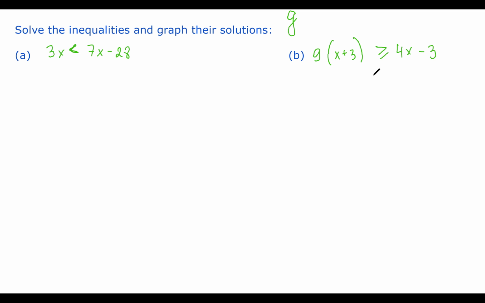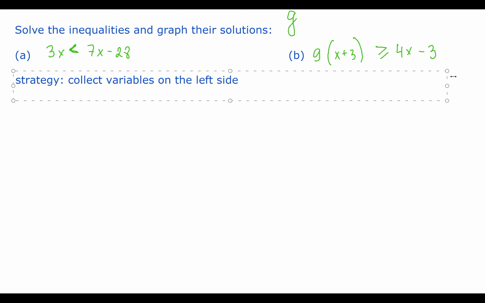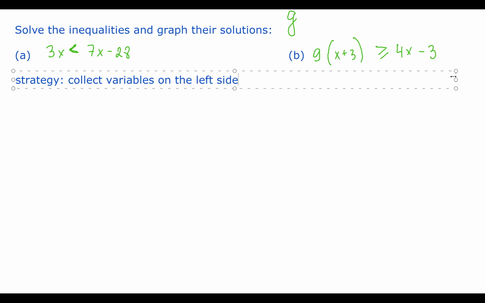Now, usually the strategy is to collect variables on the left side. We move the constants and the variables similar to what we did before. Everything is the same, it's just that the goal is changing slightly.